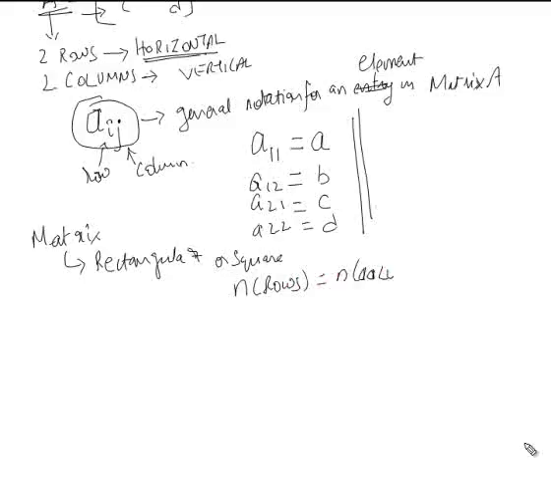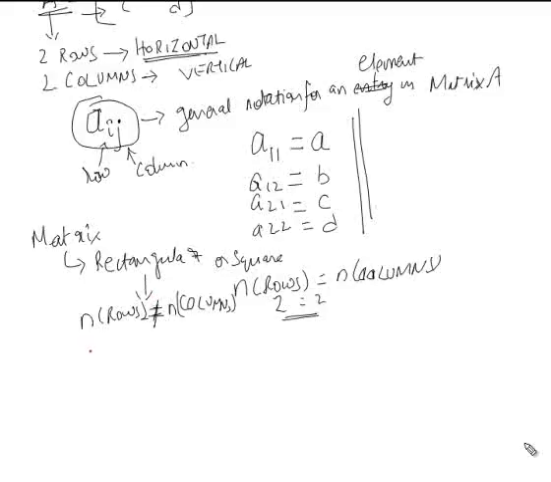Our example itself is a square matrix: two rows, two columns, both are equal. I can have a rectangular matrix in which the number of rows is not equal to the number of columns. Please pay attention to what I am writing here. I am not saying the number of rows is less or greater. I am saying it is not equal to.